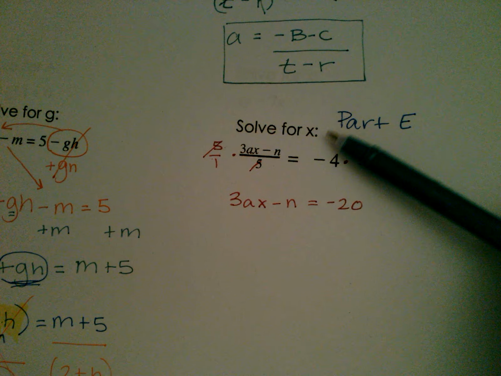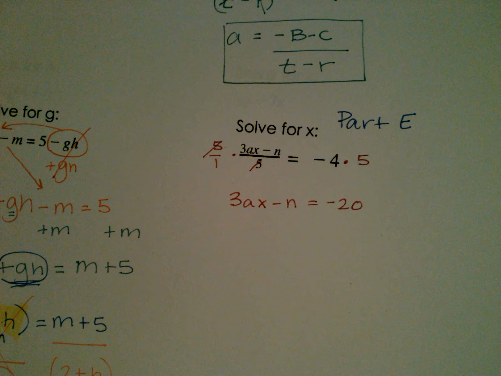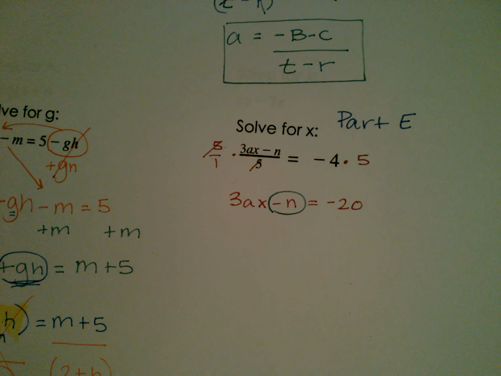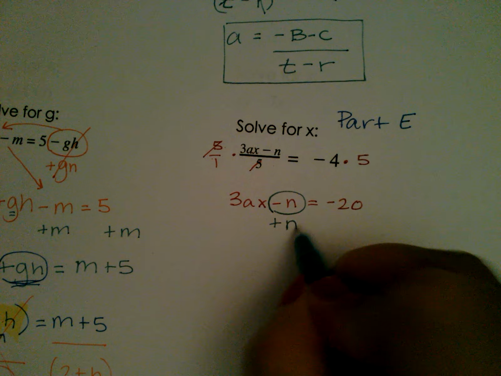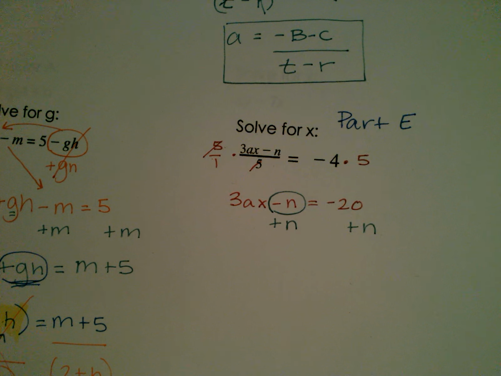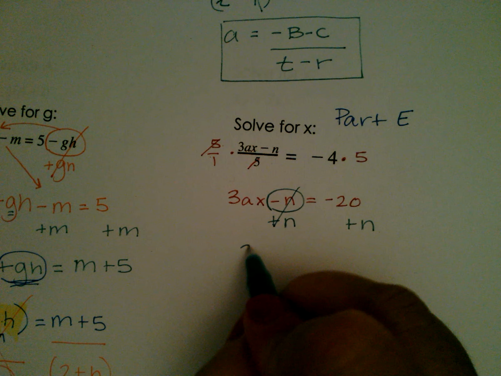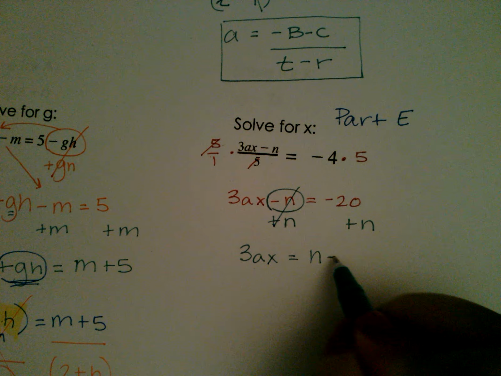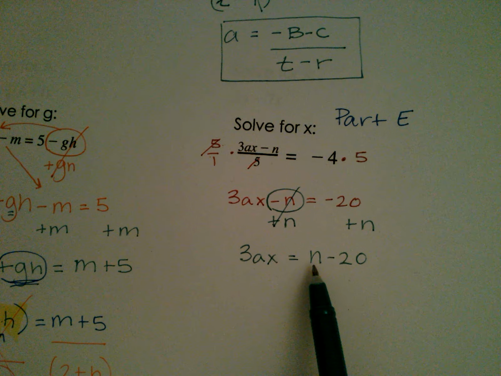Again, remembering my goal is to isolate the x, I need to get rid of this term. To do that, I would add n to both sides. 3ax equals n minus 20.